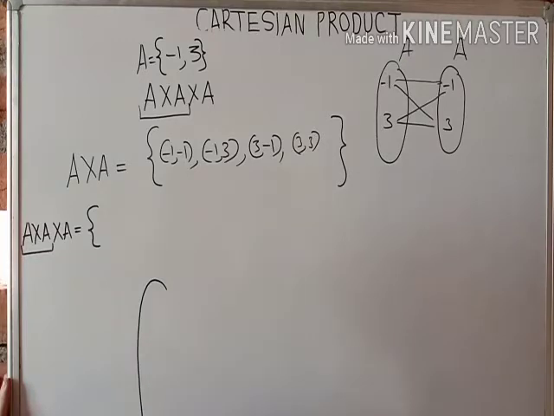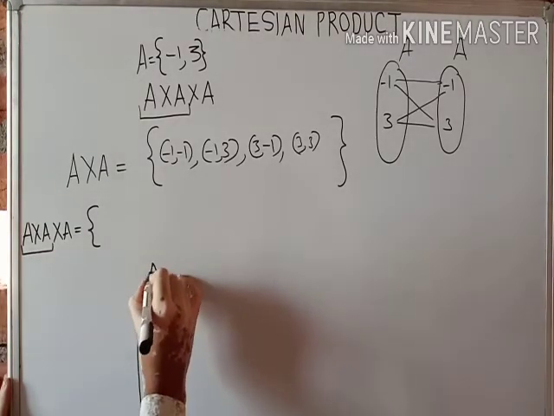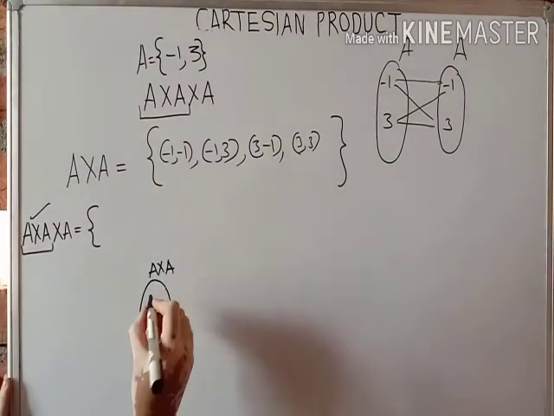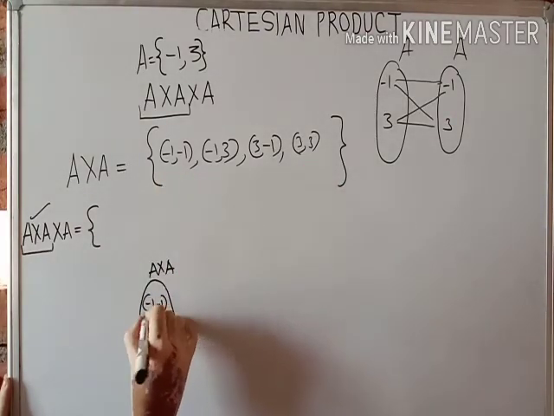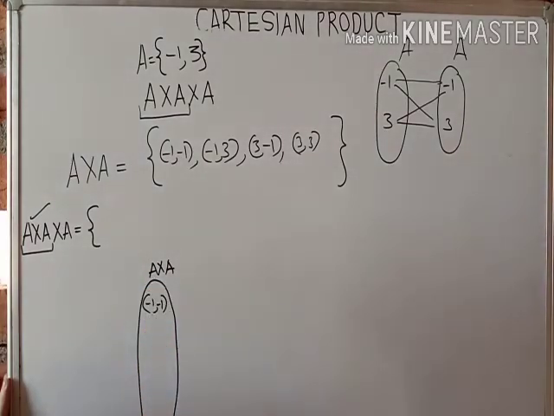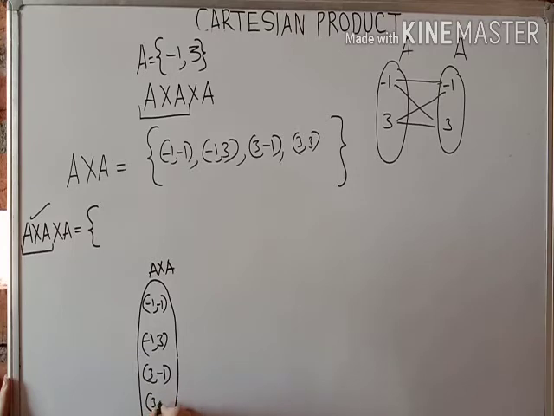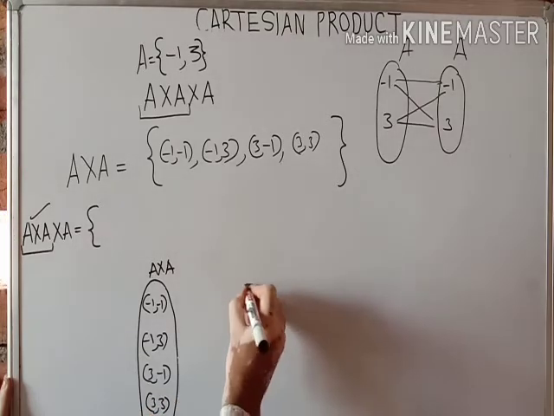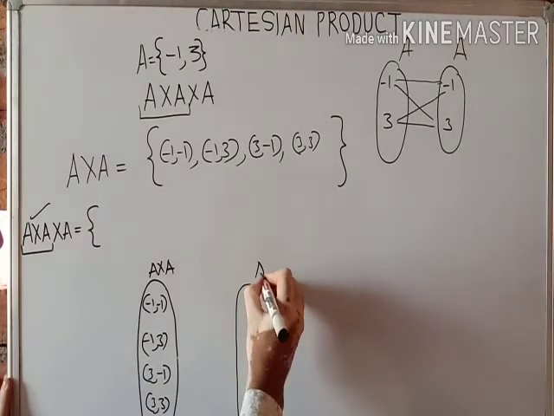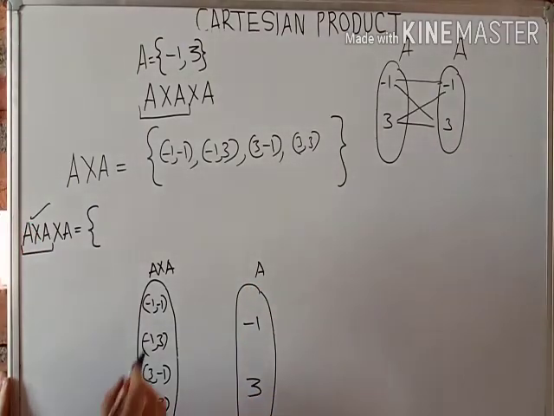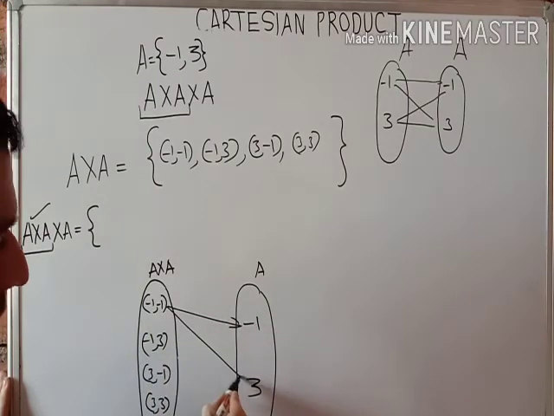We have this set A cross A. Write the elements, which are ordered pairs: (-1, -1), (-1, 3), (3, -1), and (3, 3). I take this set A, with elements -1 and 3. This with this and this with this.